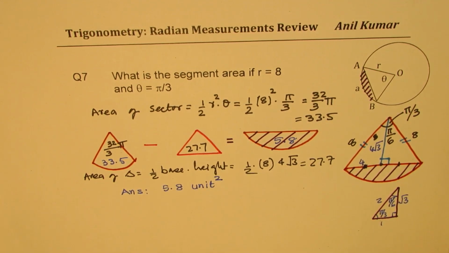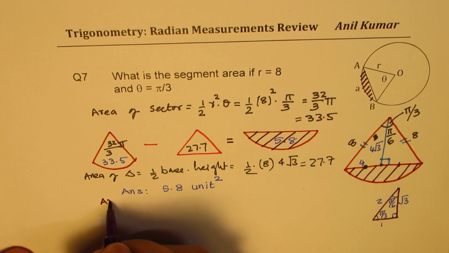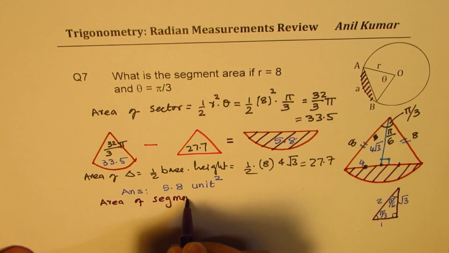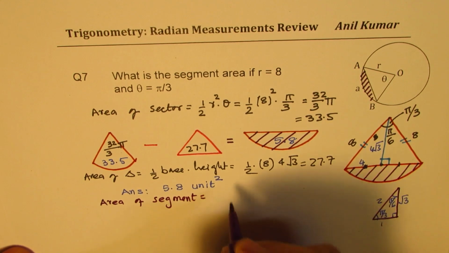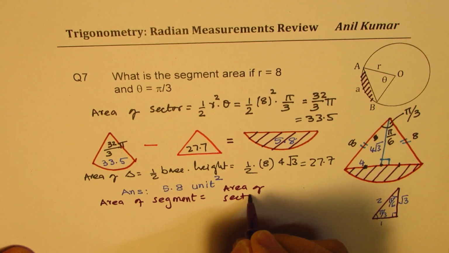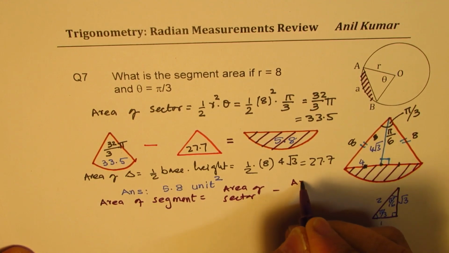So in short, it is important to remember here that the area of segment is equal to area of sector take away area of triangle.